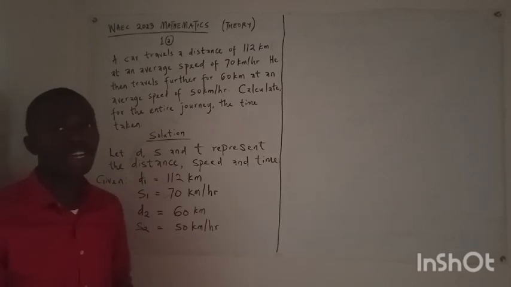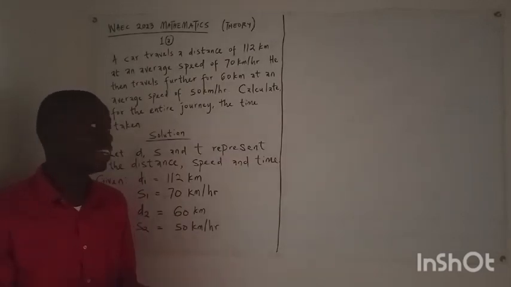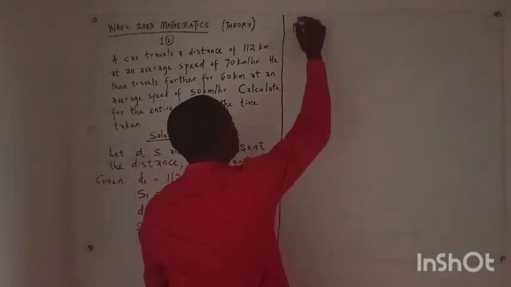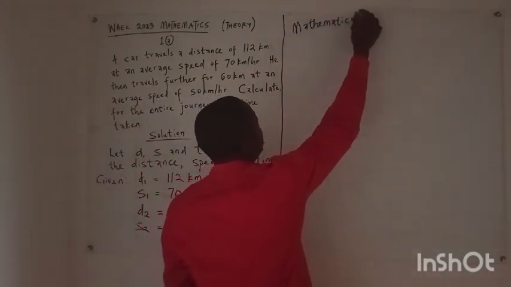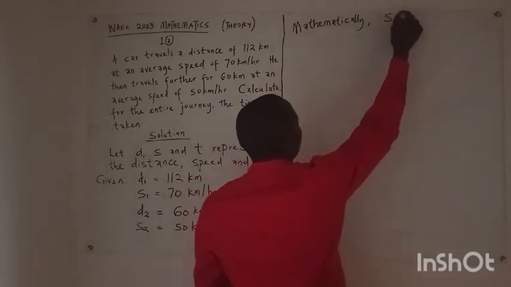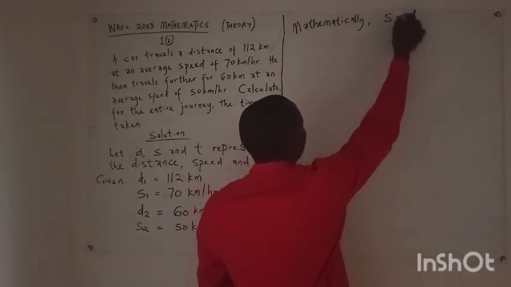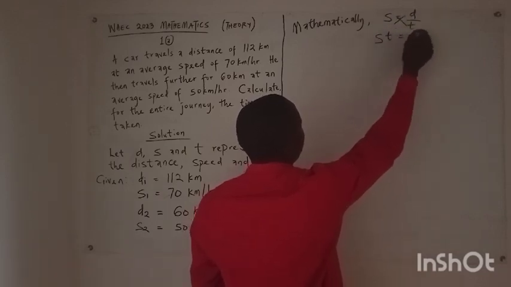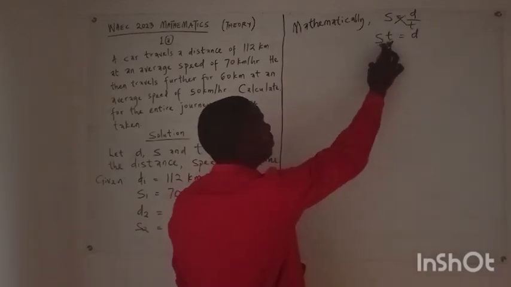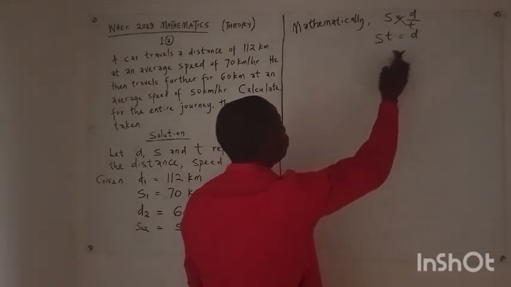So we look at the formula that relates speed, distance, and time. Mathematically, speed is equal to distance over time. And if we cross multiply, we have that speed times time is equal to distance.